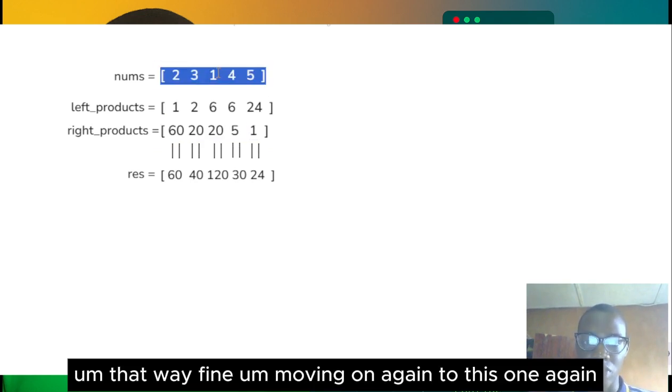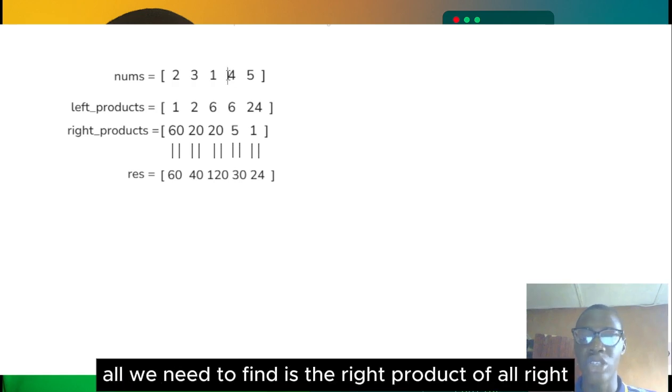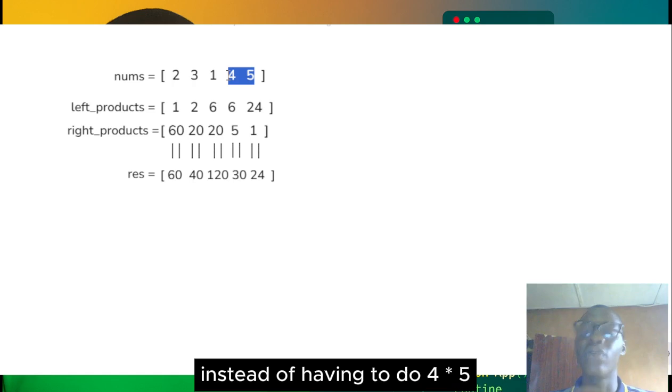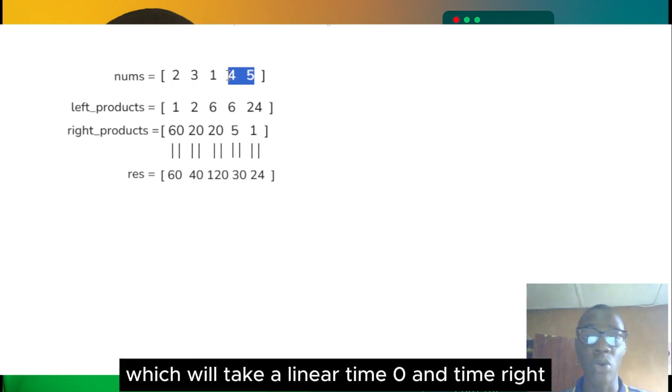Moving on again to this 1, all we need to find is the right product of all rightmost elements to 1, which is just 4 times 5. But like I explained the other time, instead of having to do 4 times 5, imagine if it's so long, we just keep multiplying, which will take linear time, O(n), right?